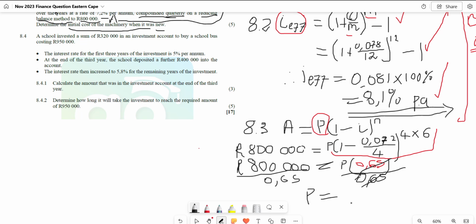Then 800,000 divided by 0.65 gives us an amount equivalent to 1,237,126.99 cents.